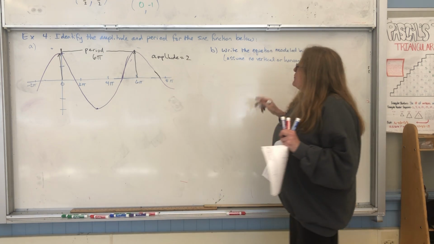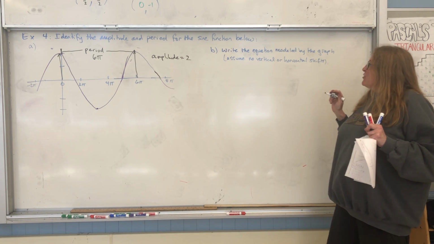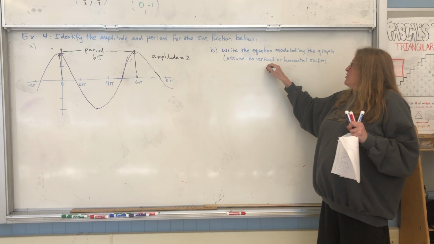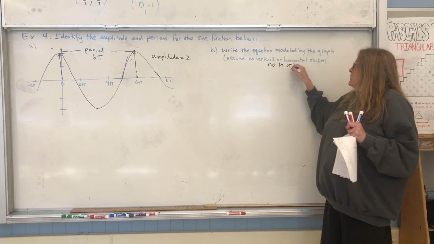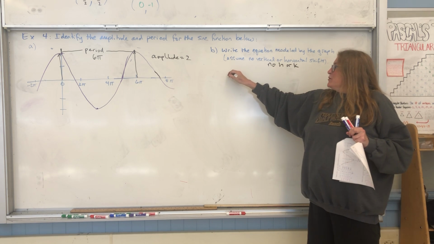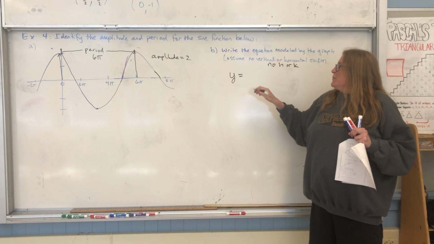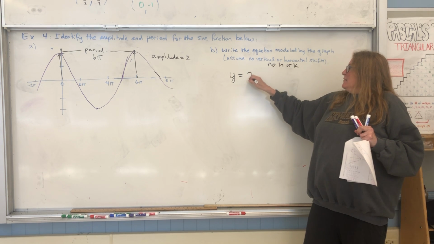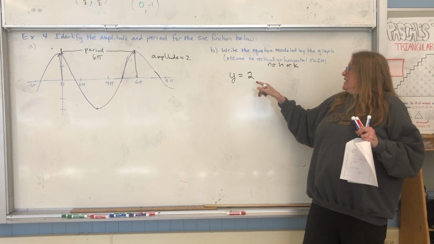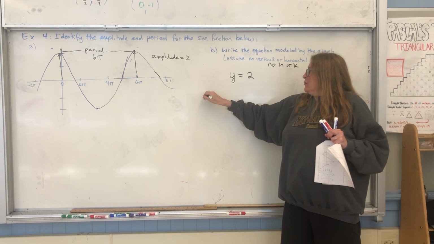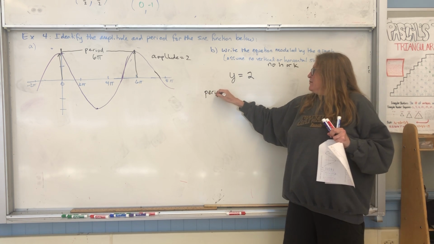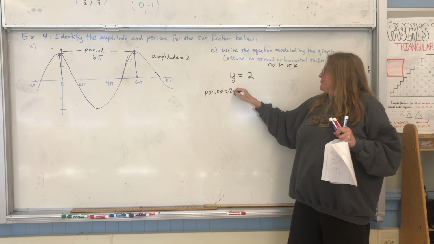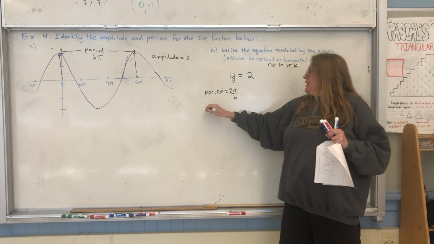Now let's take this information and let's write our equation, and then we're done. Again, we're assuming no h or k. So all I need to do is find the a value and the b value. Well, the amplitude is a, right? And we know our period is 6 pi. So period equals 2 pi over b. And our period is 6 pi.